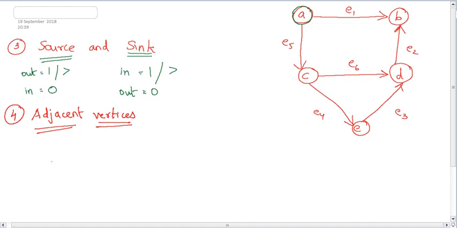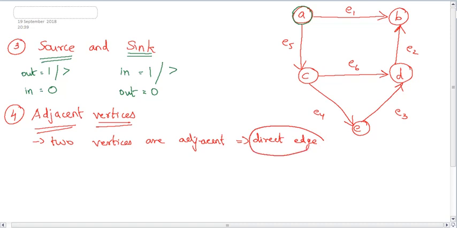Now we'll discuss the fourth terminology, adjacent vertices. 2 vertices are said to be adjacent if they have a direct edge between them. In this graph, let us consider, are A and B adjacent? Yes, because there is a direct edge between them.